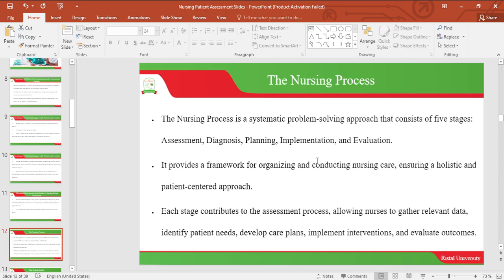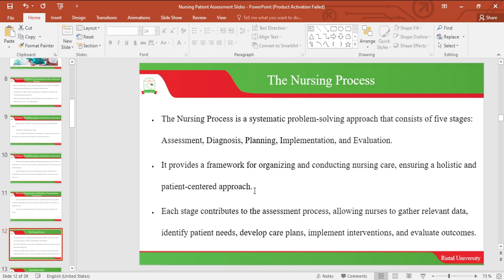Nursing assessment provides a framework for organizing and conducting nursing care, ensuring a holistic and patient-centered approach. Holistic means that you are assessing the patient as a whole. There is no element of the patient that you are leaving out.